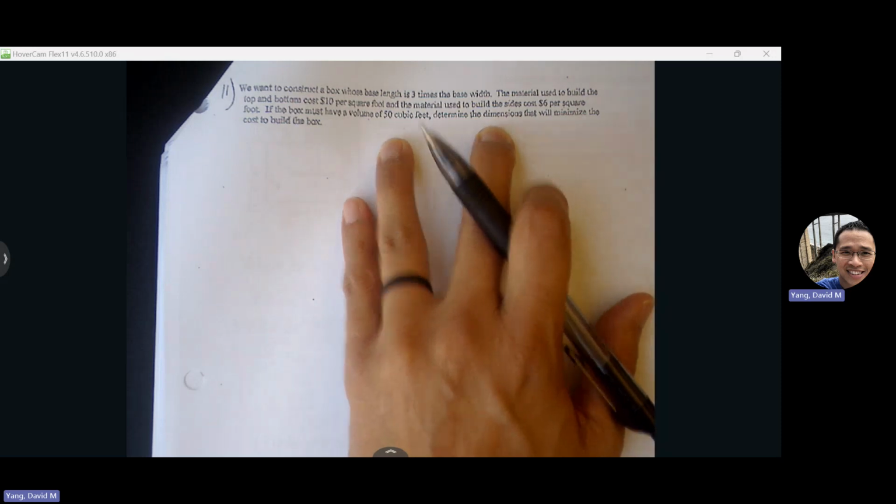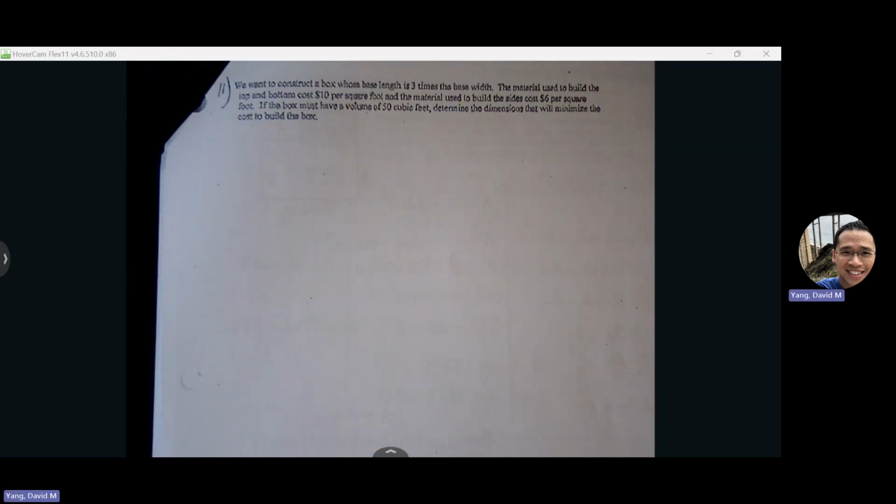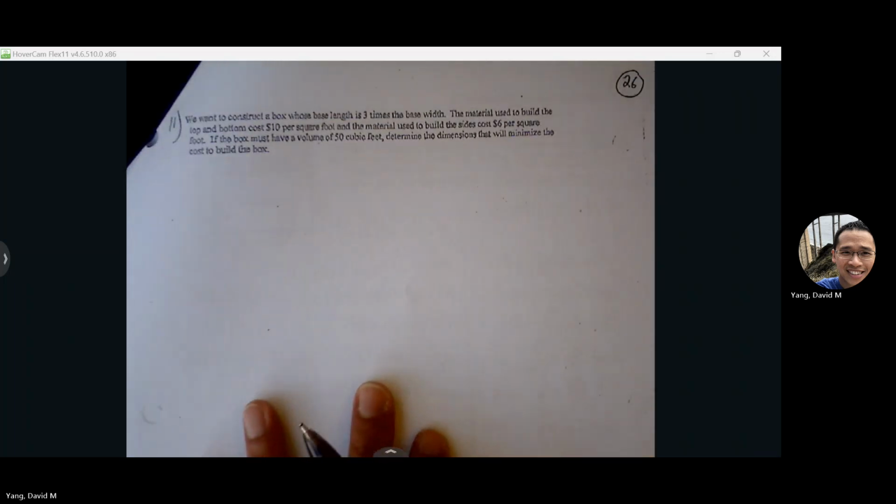So let's see where we are building it from the beginning on our own. Page 26.